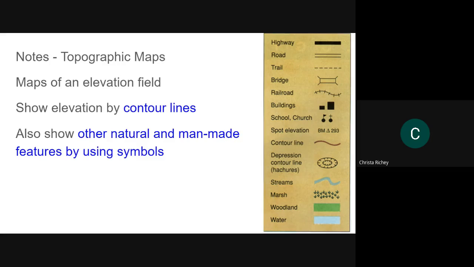It can show rivers or streams or creeks or brooks, whatever you want to call it, depending on how much water is being moved from point A to point B. If there are man-made structures, things like buildings, roads, railroads, schools. If there's a mine, it's like two of the pickaxe things that are crisscrossed. I don't think that one's on this particular legend. But most of these maps use the same generic symbols. You should have a legend somewhere on your map that tells you what the individual representations mean.